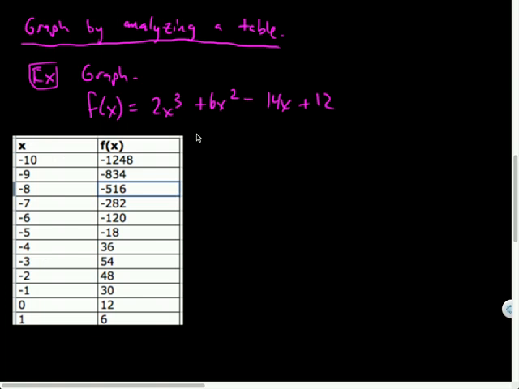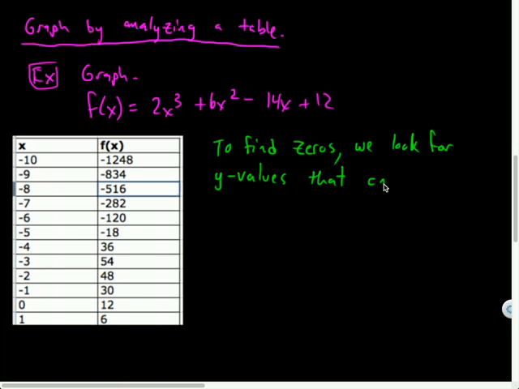In order to find an x-intercept, or zeros, we look for y values that change sign.